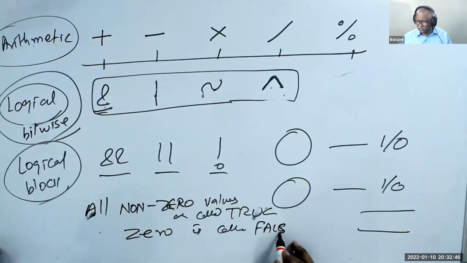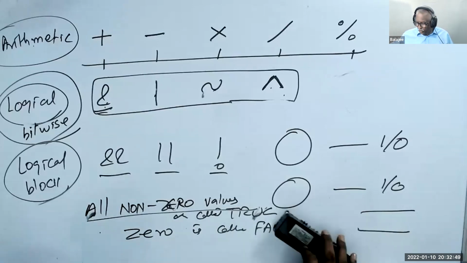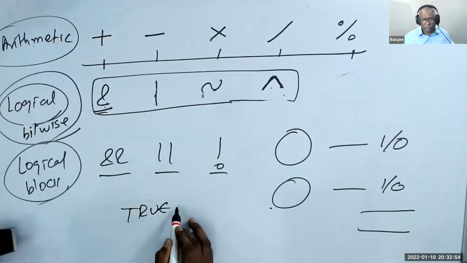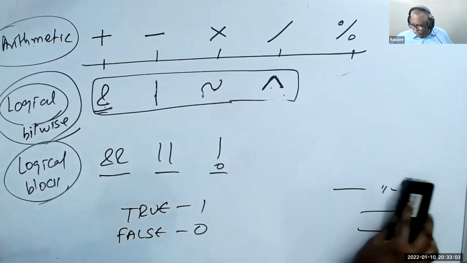Please understand this. All non-zero is called true and 0 is called false. True means 1. That is how C considers it. It's C, don't ask me why. False means 0.